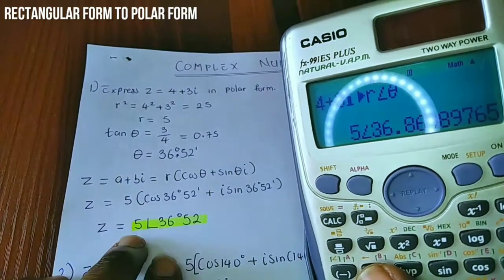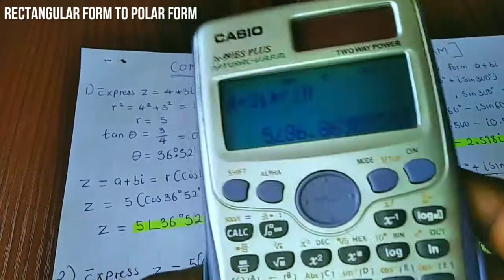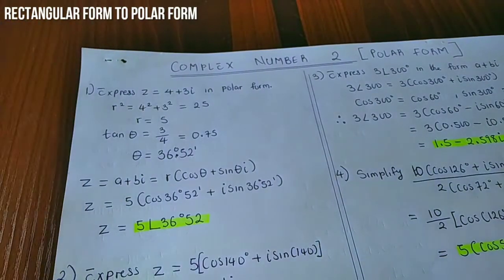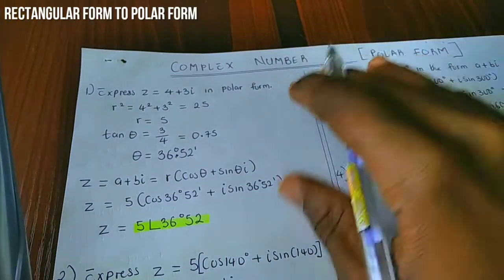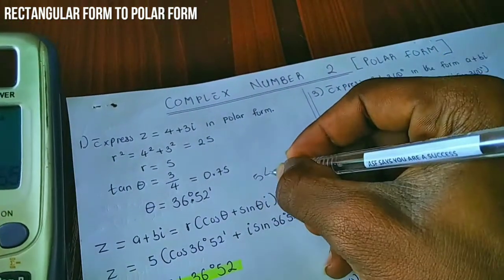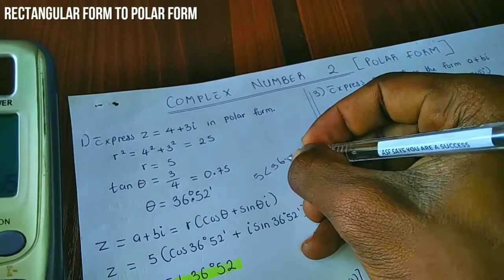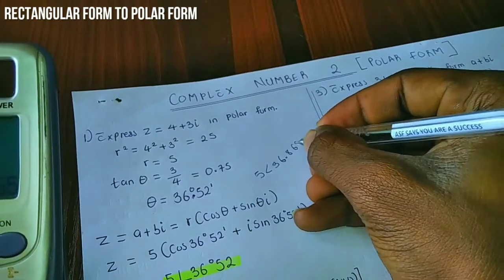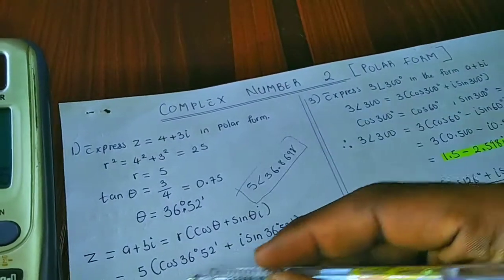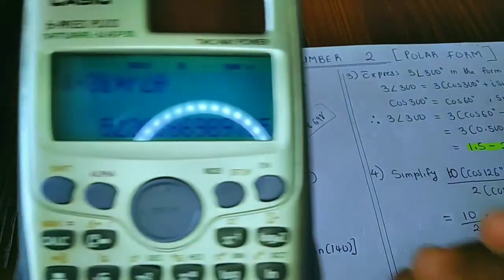Now, if you want to actually convert it into this form, what you have to do is just write this thing down somewhere and redial it into your calculator. You can simply write it down somewhere like 5, 36.8698, and dial this into your calculator once more to get this exact form.